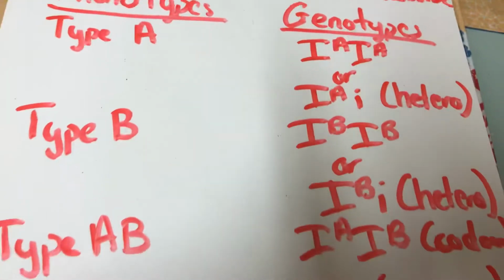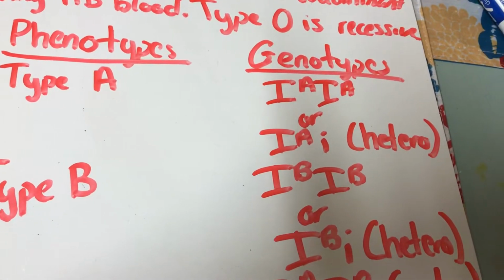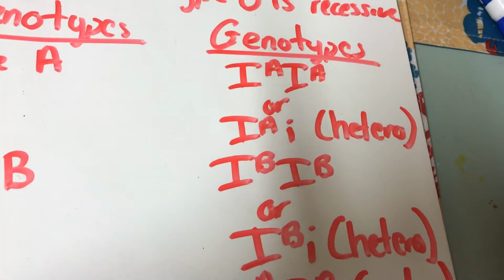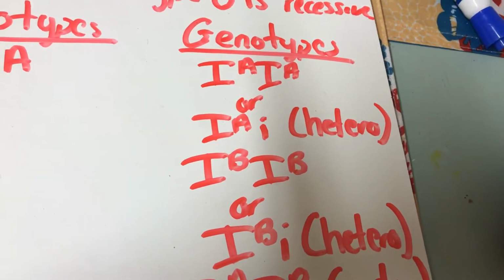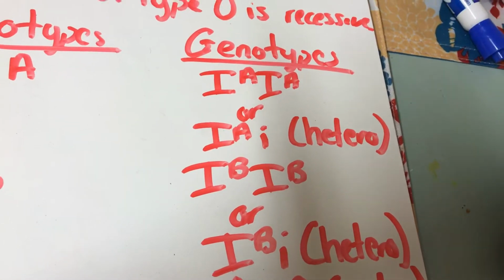Okay, type B, they could be IB. That would be our dominant type. Heterozygous type would be IB with a lowercase i, same as having the recessive allele for type O.